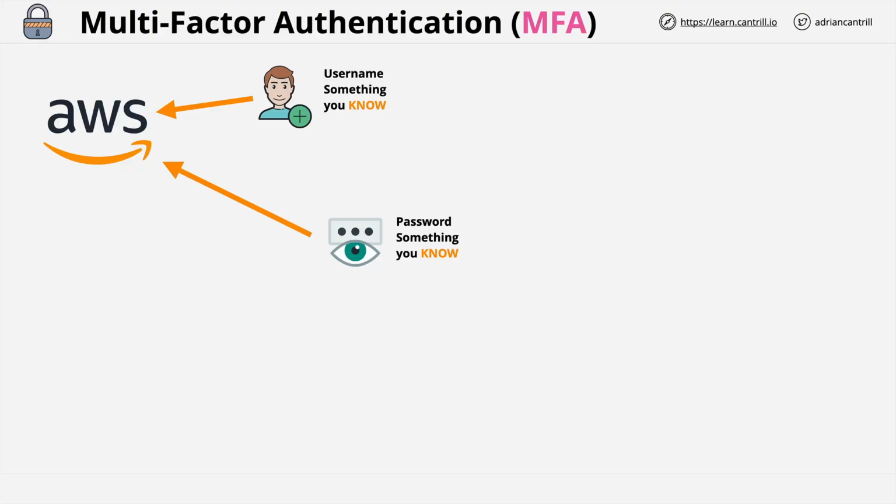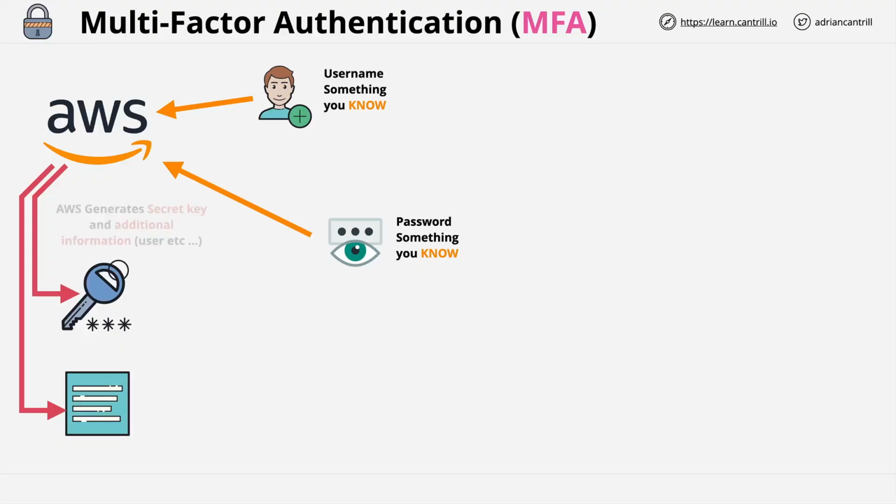Now to configure MFA within AWS for a specific identity, let's say the account root user, you activate MFA for that user. And when you do so, AWS generates a secret key, which is a randomly generated key, and it also generates other associated information, such as the username it links to and the name of the service.